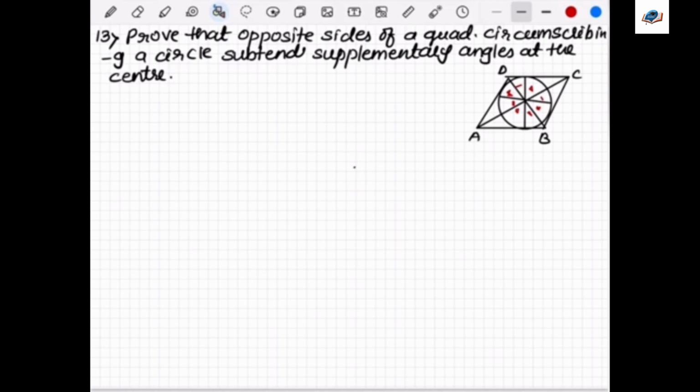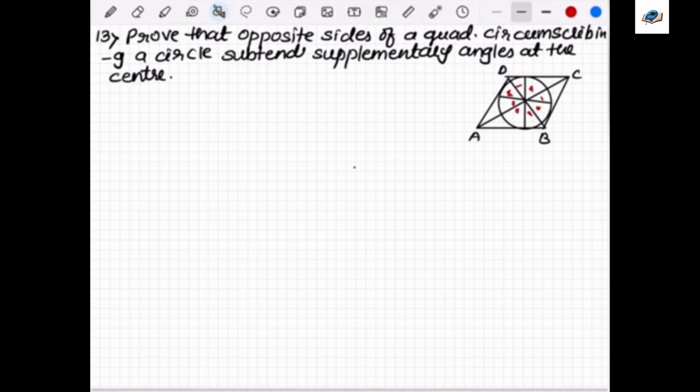I have drawn the angles and I have named them 1 to 8. Now the points of contact I am naming as different points.